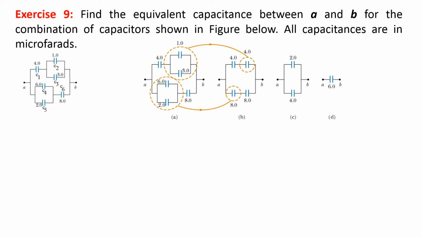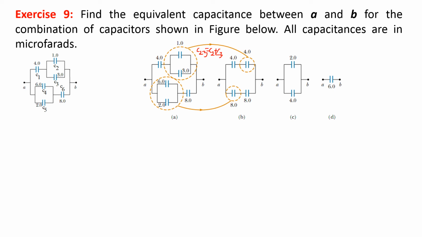Once they are in a parallel connection, the equivalent capacitance of 2 and 3 will be capacitance 2 plus capacitance 3. Then we have 1 microfarad plus 3 microfarad equals 4 microfarad.